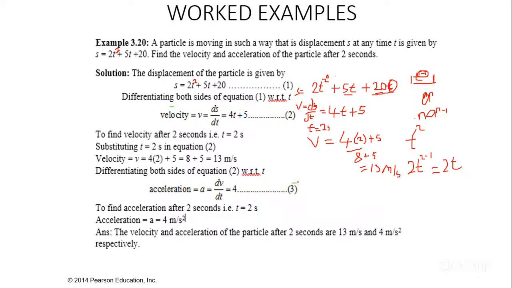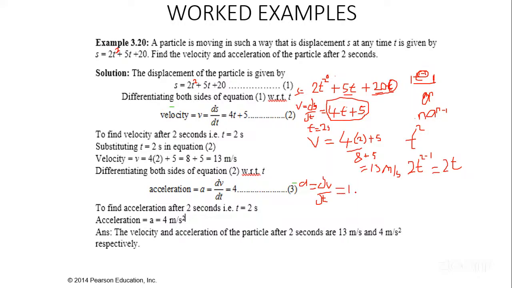To find acceleration, a is equal to dv over dt, which implies that you are going to differentiate this again. If you differentiate this, remember this t is raised to 1. 1 minus 1 is 0, so this t will vanish to 1.